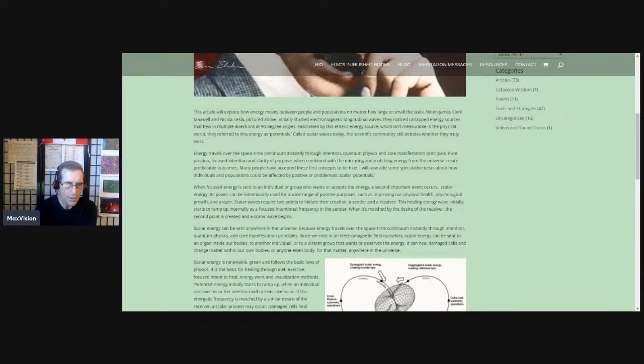Scalar waves require 2 points to initiate their creation, a sender and a receiver. This healing energy wave initially starts to ramp up internally as focused intentional frequency in the sender. When it's matched by the desire of the receiver, the second point is created with a scalar wave, and a scalar wave begins.